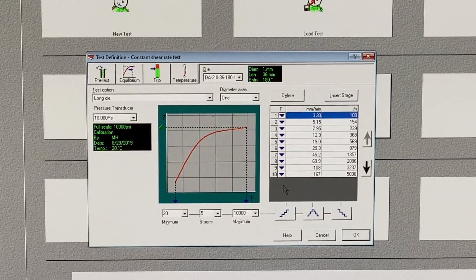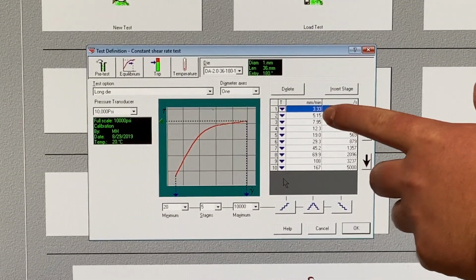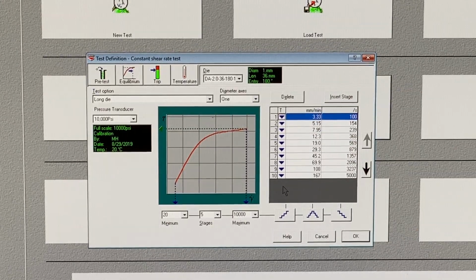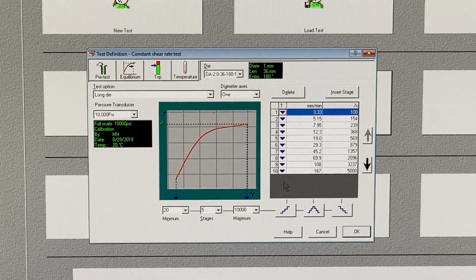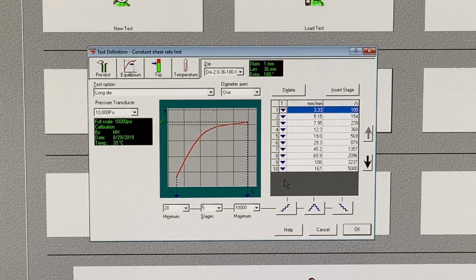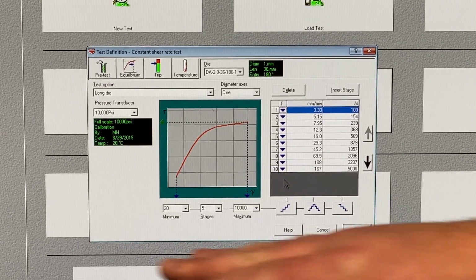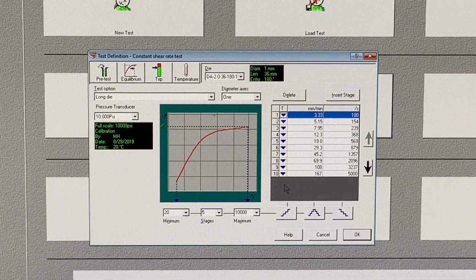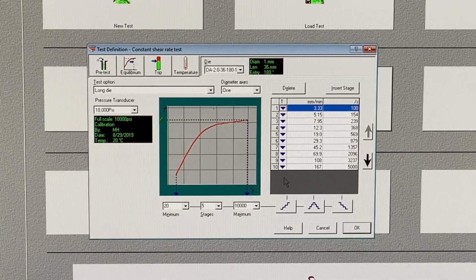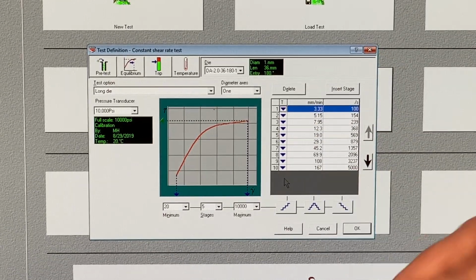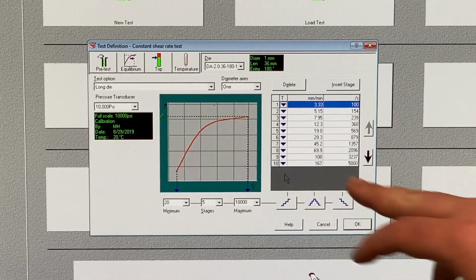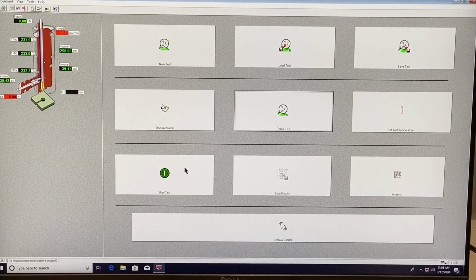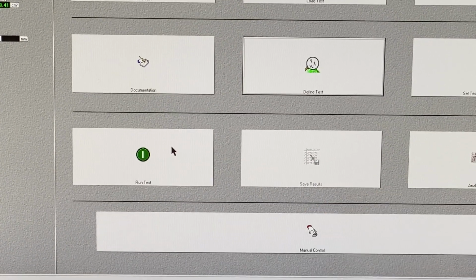It's going to start at a pretty low speed at 3.33 millimeters per minute, and then once it reaches a point that the machine defines as equilibrium, which is essentially when the pressure levels off at that speed, it will increase to the next speed, which is 5.15 millimeters per minute, and then 7.95, and it keeps going up until it gets to 167 millimeters per minute, and that's our 10th stage. So once the test is set up, we can go over here and click Run Test, and that would immediately start the test.